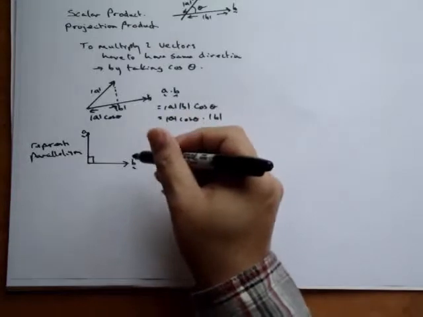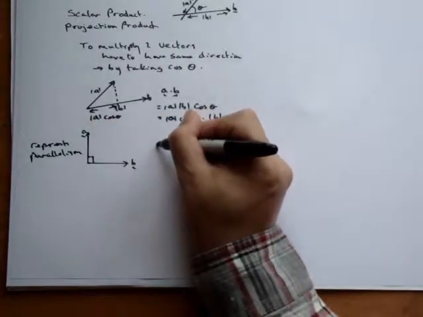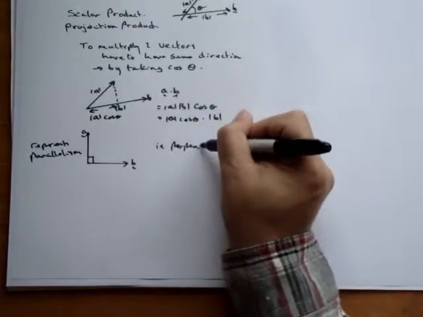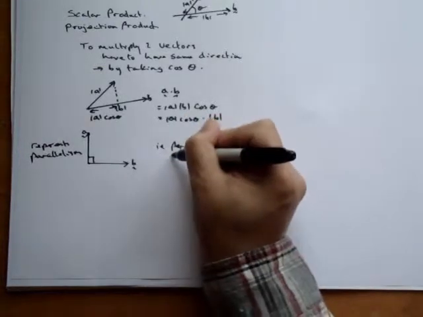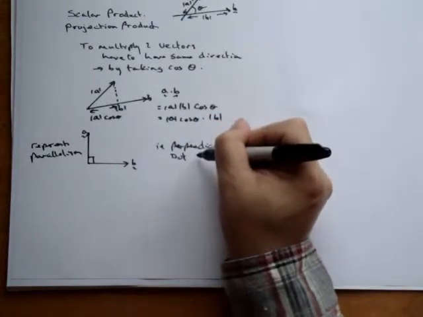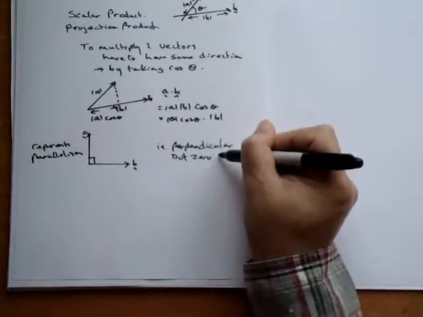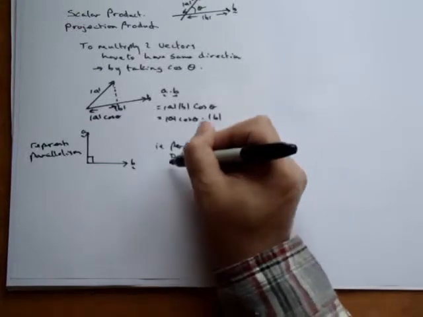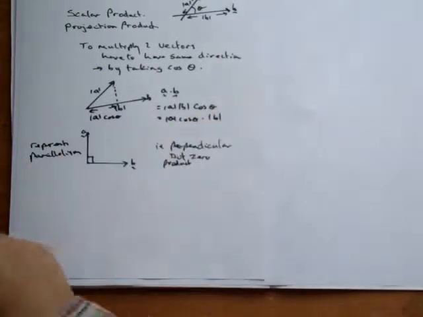So when the vectors are at right angles, i.e. perpendicular, then the dot product is 0, and this is another important fact. So our dot product is 0.